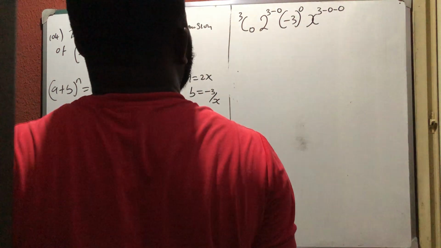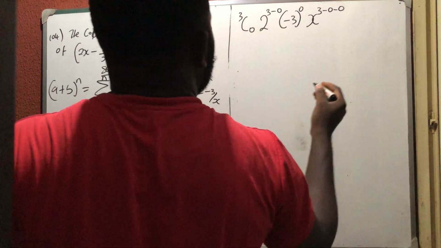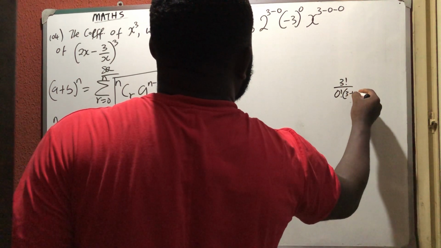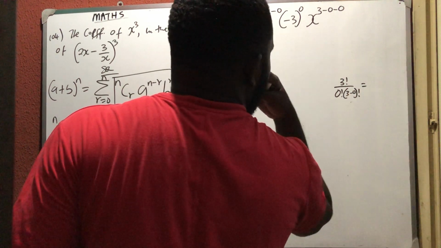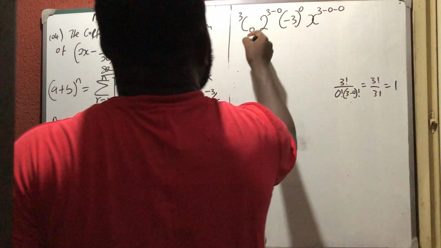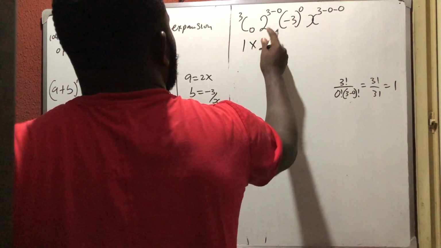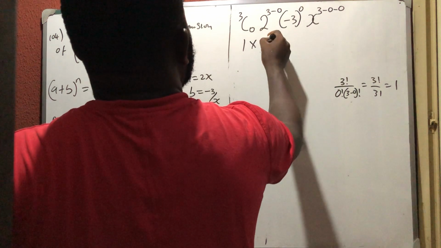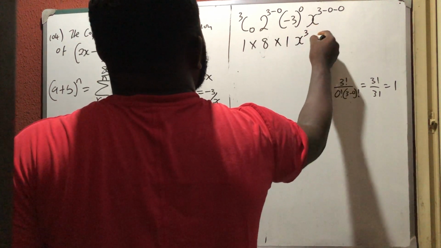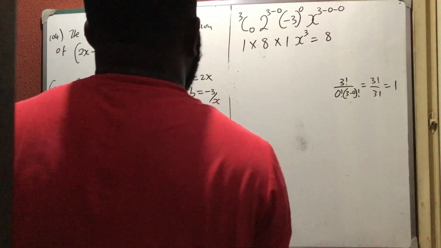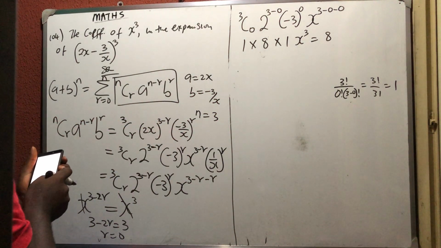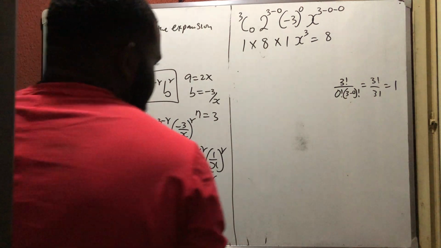So what do we have now? 3 combination 0 is 3 factorial all over 0 factorial times 3 minus 0 factorial, that is 3 factorial over 3 factorial, which is 1. So this is 1 times 2 raised to power 3, which is 8, then times 1 times x raised to power 3. So my answer is simply 8, because 8 is the coefficient. Very, very simple.